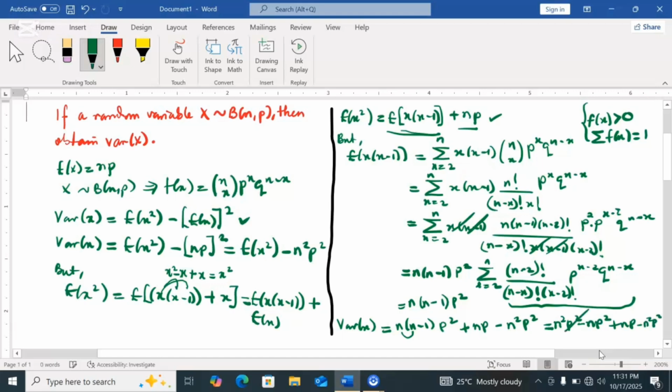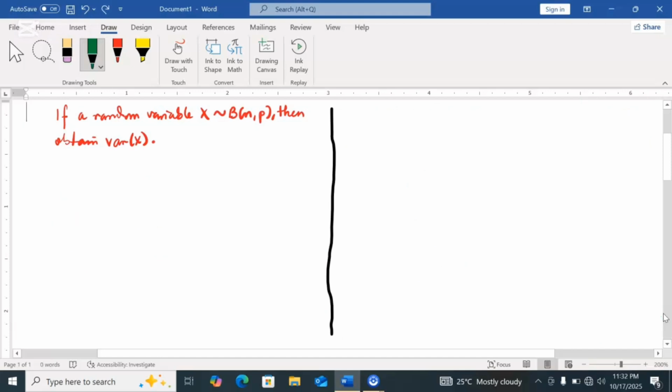Okay, so this cancels this, and we are left with np minus np squared. So we have variance of x to be np minus np squared, which we can simplify further to be np, which is common, times the bracket 1 minus p, and 1 minus p, guys, is q.